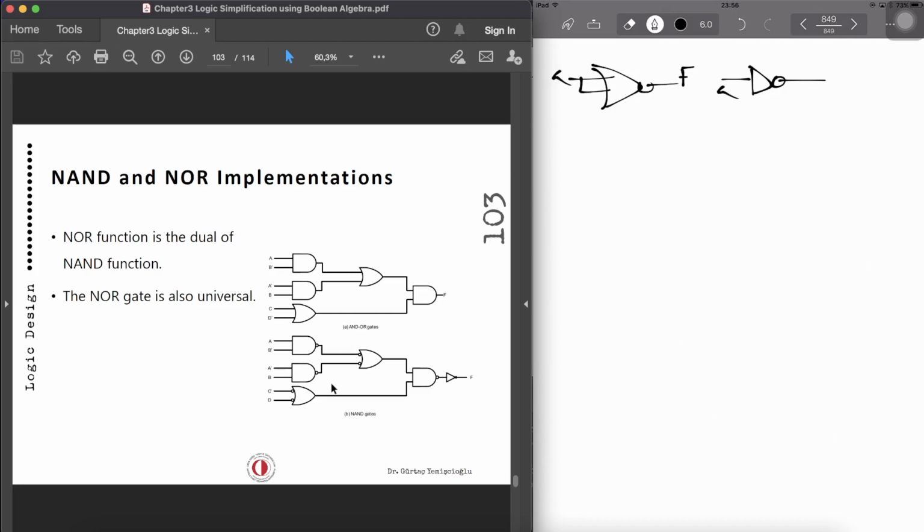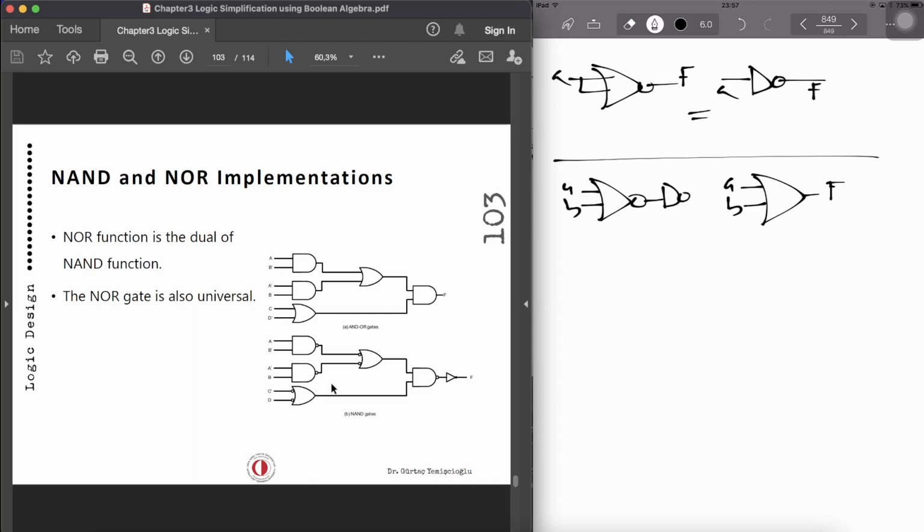Okay, so it will give you the same result. And implementing the OR function: to implement an OR function, we just need to add an inverter to it, like I have demonstrated with the transistors, to get rid of that bubble. So these are going to cancel each other, and you will end up with the OR function.